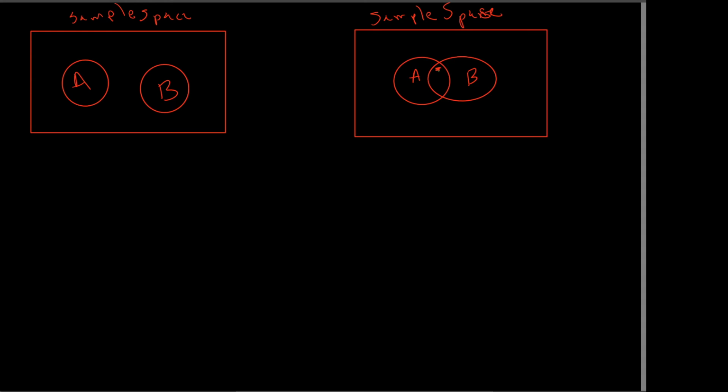Well, these have this overlapping space where outcomes are shared. So, for example, if we're looking at rolling dice and event A is rolling odds and event B is rolling evens, there is no overlap.